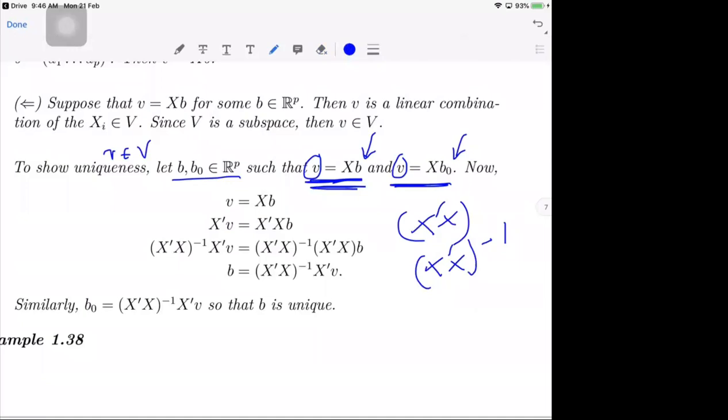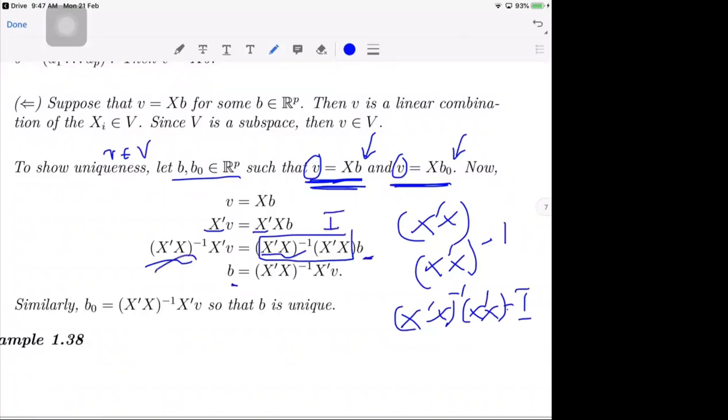So what we do is we pre-multiply by X prime and then pre-multiply again by X prime inverse, so that you will have an identity matrix, because invertible means if we pre-multiply it, that's equal to I. So it means that this term now will be I, and then B will be equal to this.